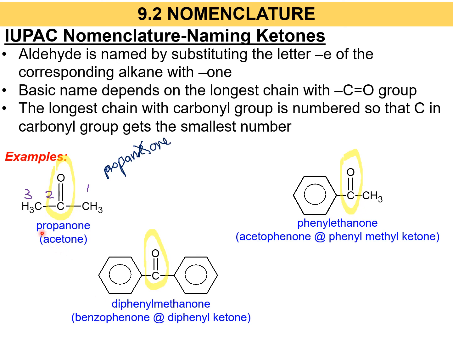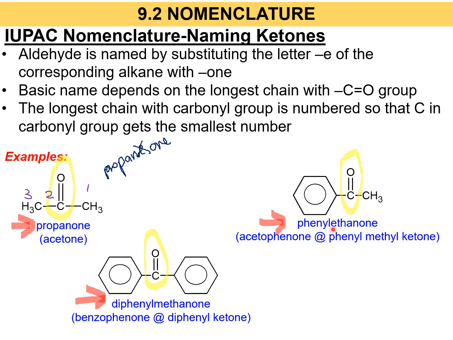So it becomes propanone. This is the IUPAC name. As usual, we only care about how to name organic compounds according to the IUPAC nomenclature. The common name you just have to know: this is acetone. Acetone is actually propanone. Then acetophenone is phenyl ethanone.